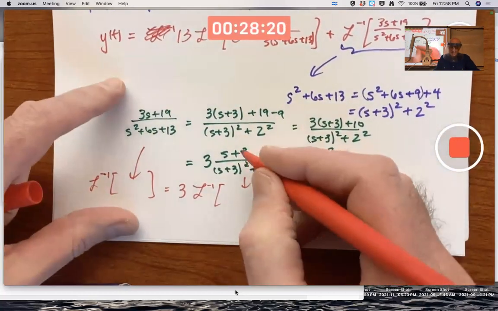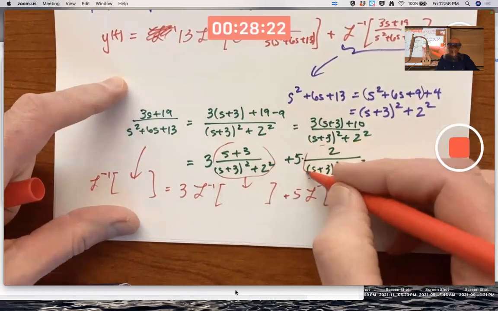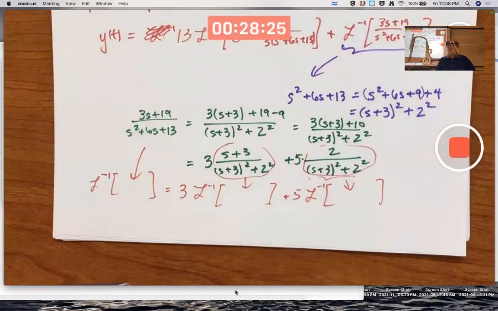And the inverse Laplace transform of these 2 things, by the properties I showed you in the book, are going to involve cosine of 2t and sine of 2t, omega is 2. And they will also involve the shifting on the s-axis property with a equal to -3.